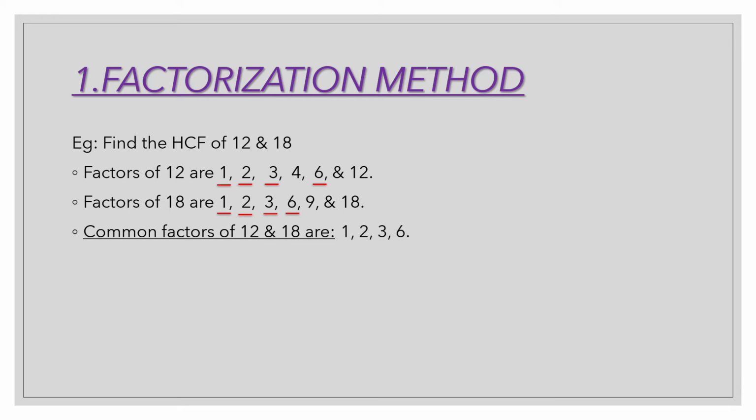So together we will write all common factors, that is 1, 2, 3 and 6. So here the highest common factor, which is the highest number here, my dear students, is 6. Therefore the highest common factor is 6. Now we'll see another method.